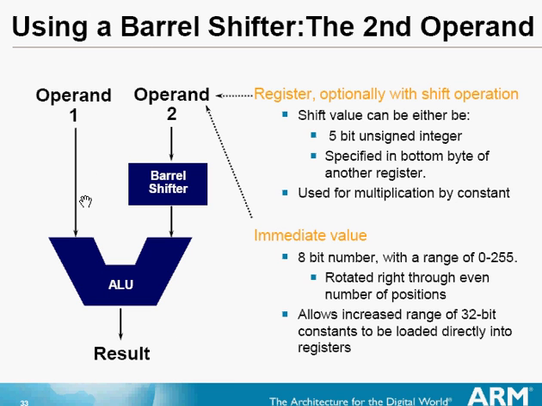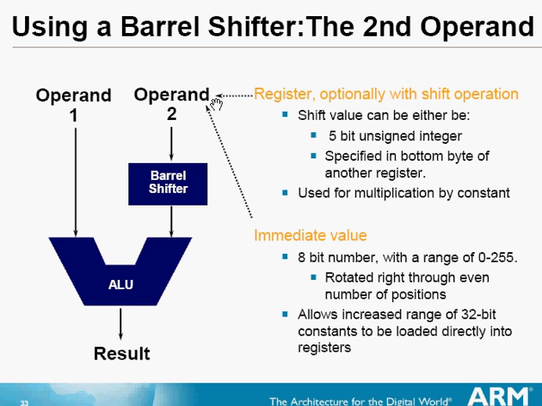If you have operand 1 and operand 2 going through the barrel shifter and they get added, and you shift in some way, the ultimate result is like a multiplication, so we can use this simple addition for multiplication also.